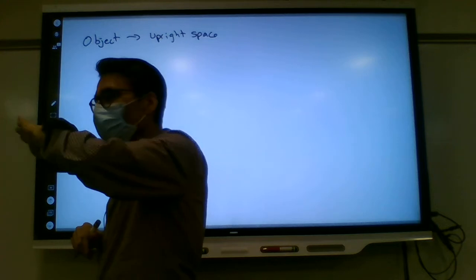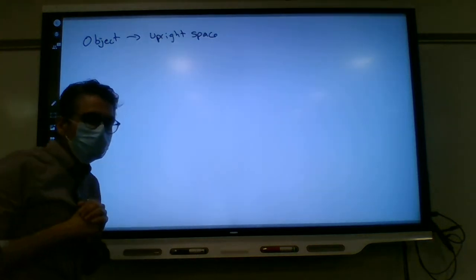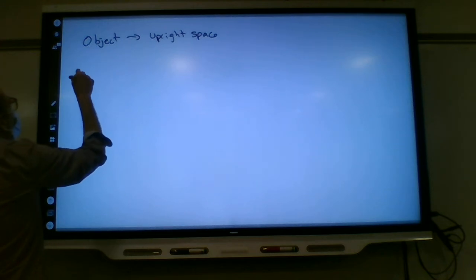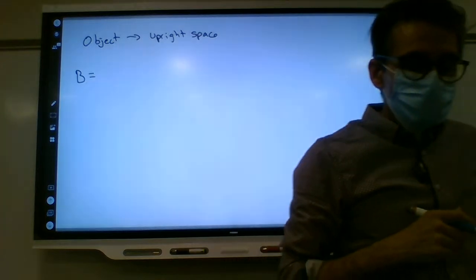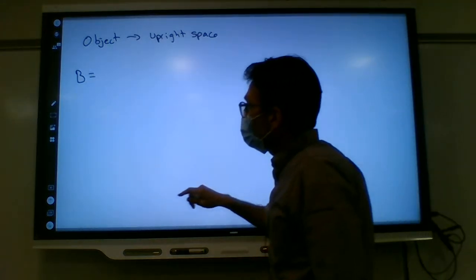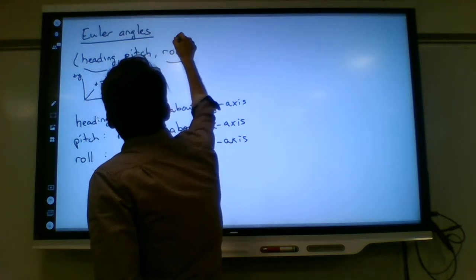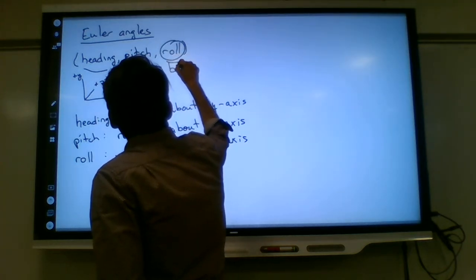We have our plane, or the object that has changed. To do this, we need a matrix for each of the pieces. So roll is also called bank.